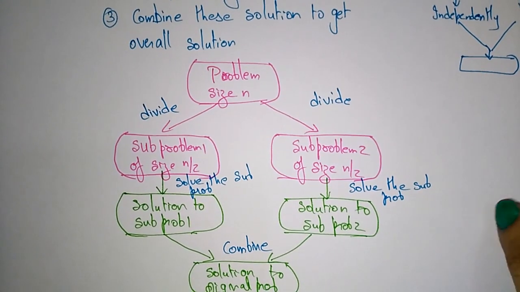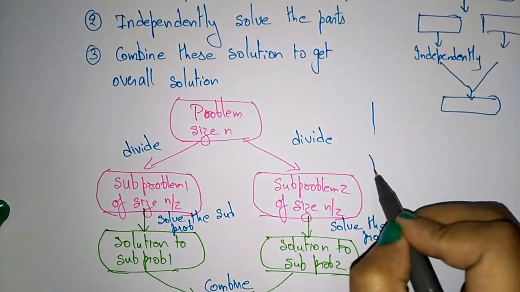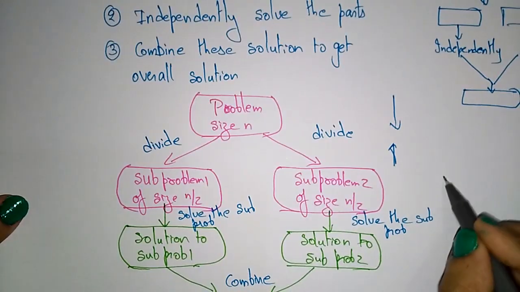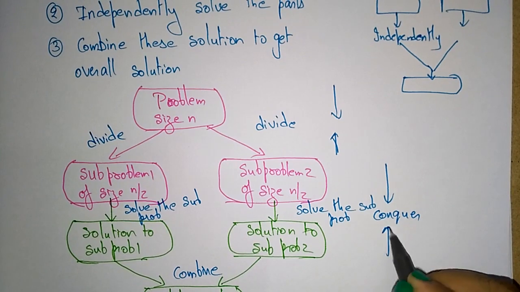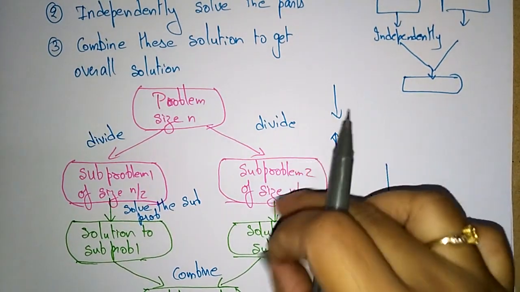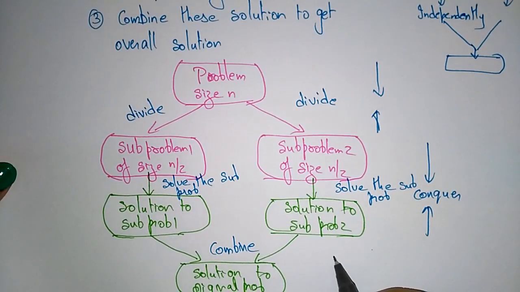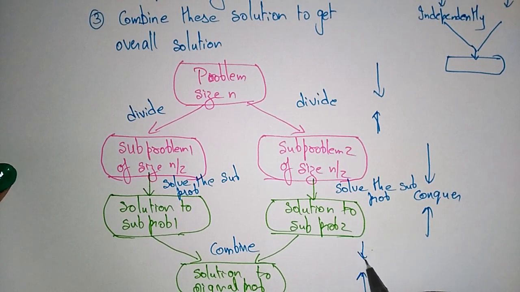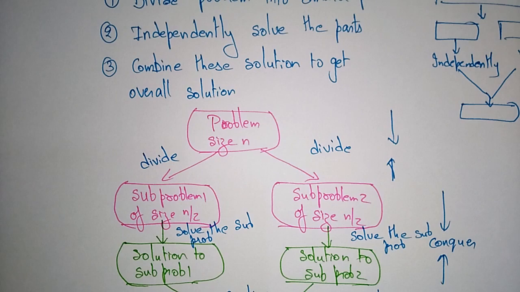Up to here, this stage is the divide stage. Solving the sub problems is the conquer stage. After that, this is the combine stage. So this is the concept of divide and conquer.